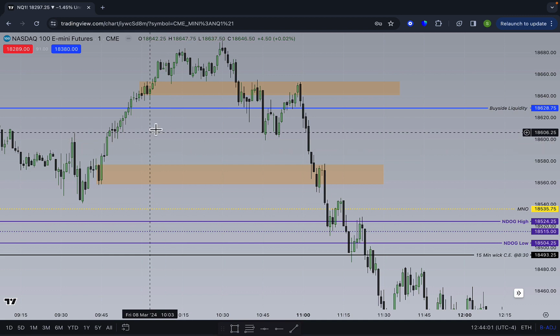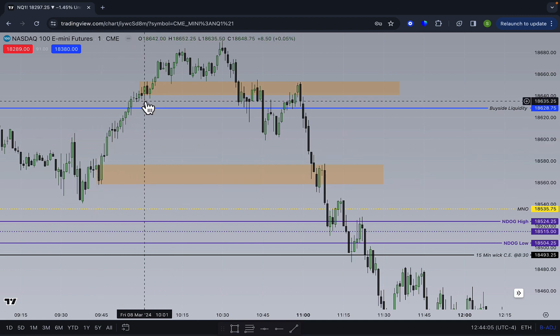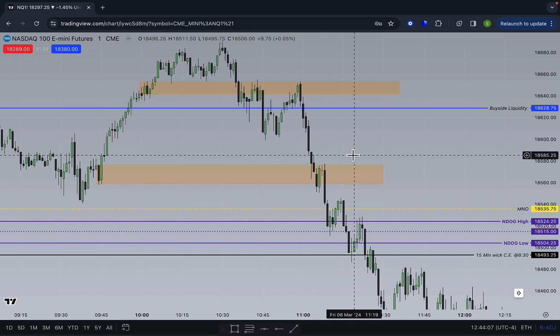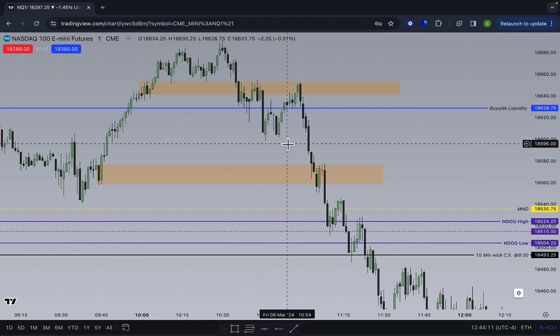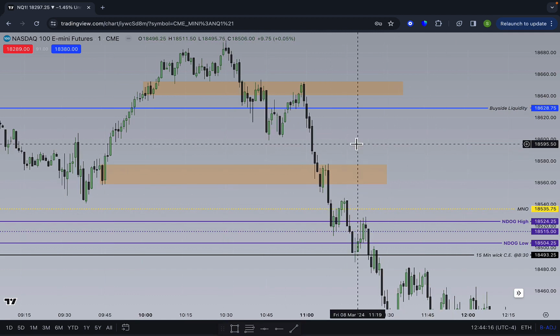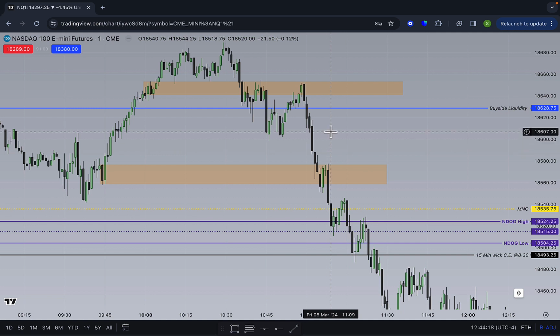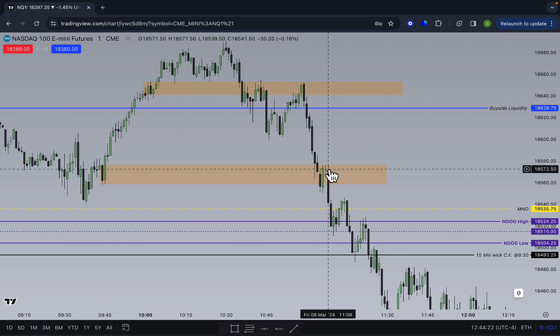A bearish mitigation block, you're looking for the last down close candle before the move up. Essentially, what you would think would be an order block would be a mitigation block when it's failed going lower. Okay, and that's another thing that we'll go over, order block theory. Straighten a lot of things up that people get confused about, but that's the main thing.